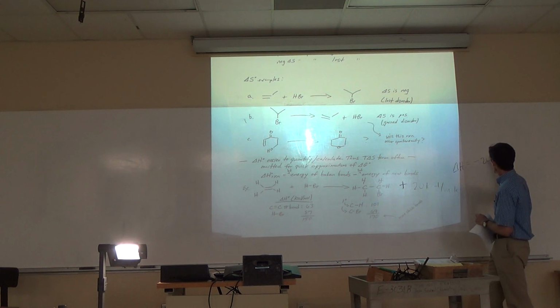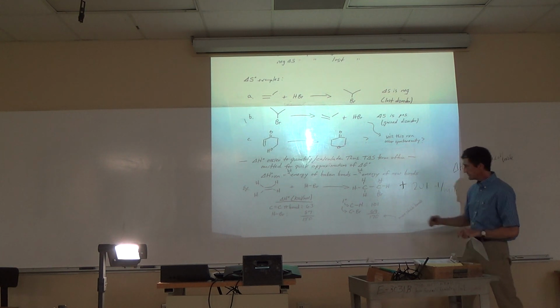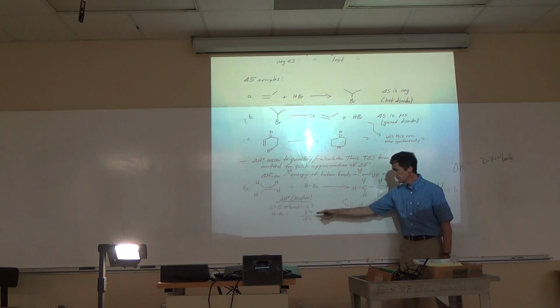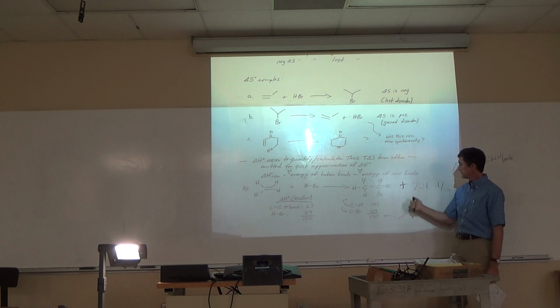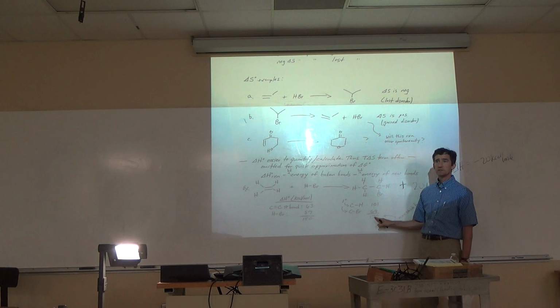Negative 20 kcal per mole, right? Because you released it. These bonds are more stable, thus they contain less energy. How much less energy? The difference. They contain 20 kcal per mole less energy. And that was released. It's a bond strength, not a bond energy.